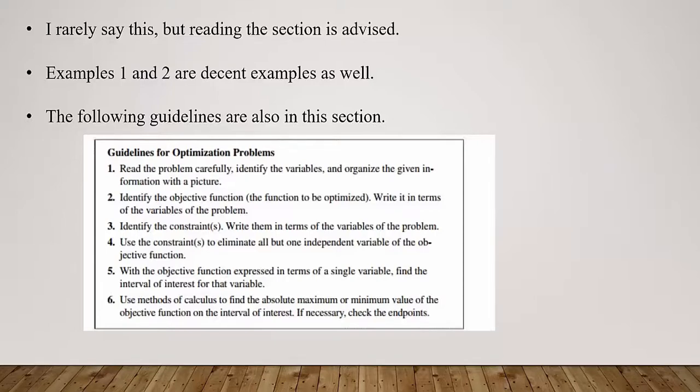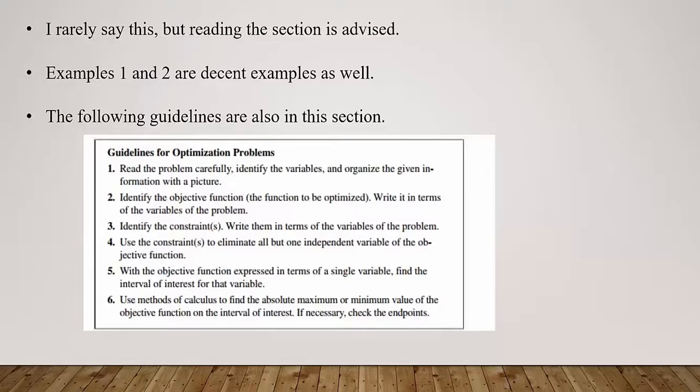And that's where a constraint equation would come in. So maybe in this mythical problem, maximizing area, you're given some constraints on what the perimeter could be. And the perimeter of a rectangle is equal to 2 times the length plus 2 times the width. So that's what number 4 is talking about.